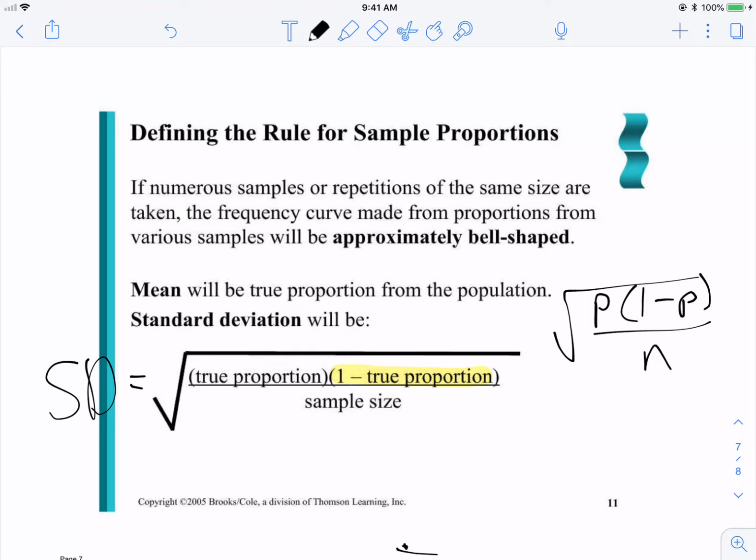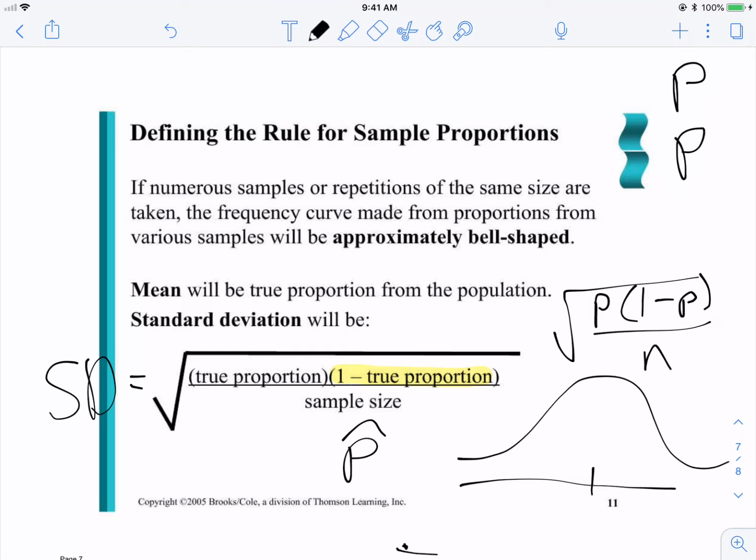Now this equation is going to be pretty important as we set up this normal distribution, or this bell curve. Of all of those samples that we're taking, each has its own sample proportion, p hat. There's a difference here: the population proportion is p, and the sample proportion is p hat, with a little hat on top of it.